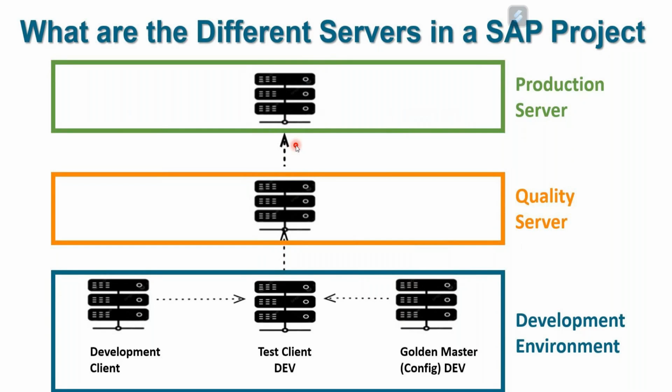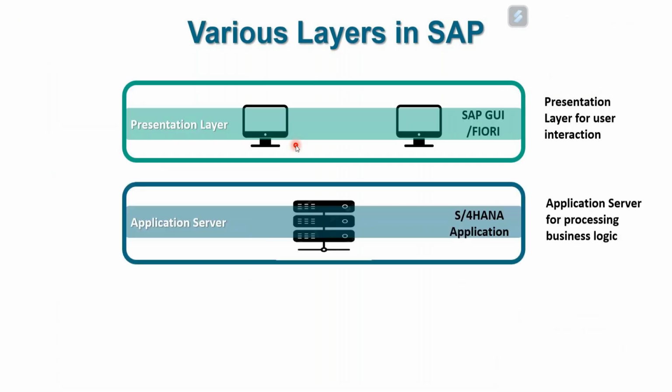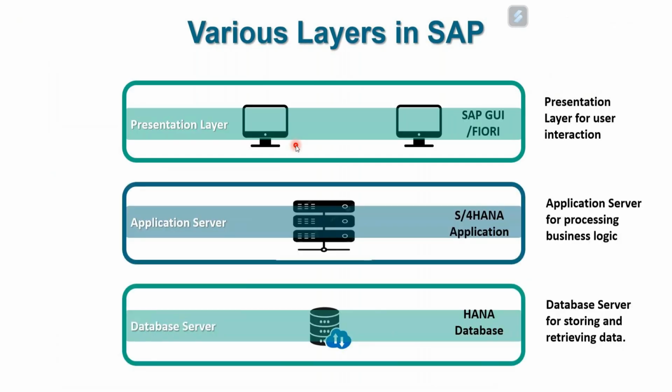They'll do it themselves, or they'll hire you for a few hours a week to do some changes which might come later. Now what I am showing you here is how SAP actually works. So this is the application server, which is basically the mind. This is where S4HANA is installed. This is also a server, but this does not have the S4HANA application.